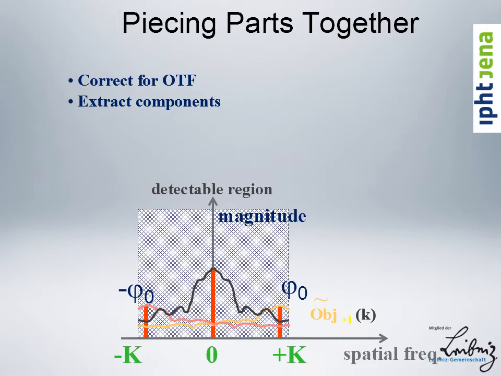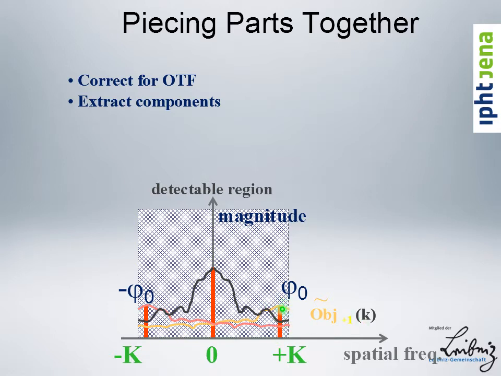We can then, in the next step, put them where they really should be living. Normally, the object in an ordinary wide field image is anchored with its object 0 frequency at the 0 position. But because of the Moiré effect, stuff has shifted around, and that is a mess, but it's also the beauty of it, because the object component plus 1 is anchored at plus k.